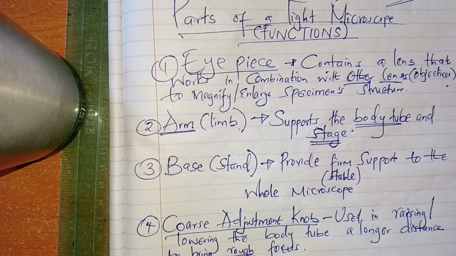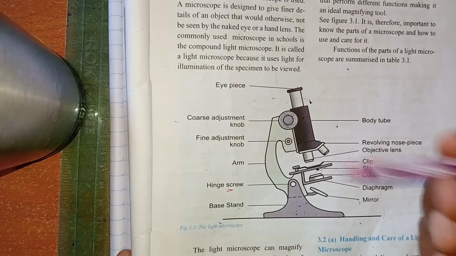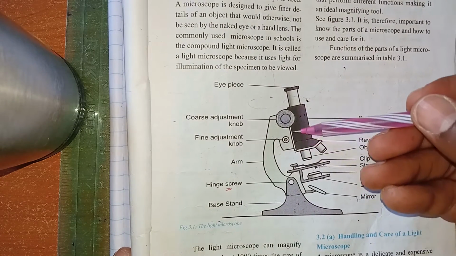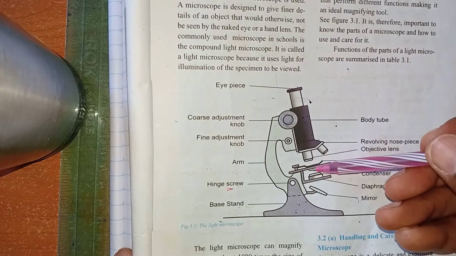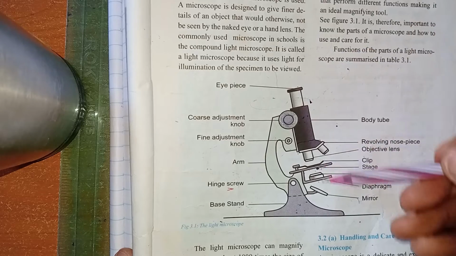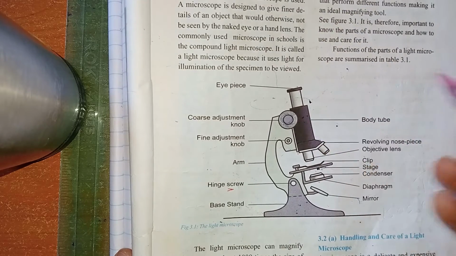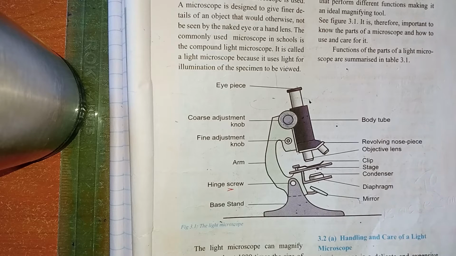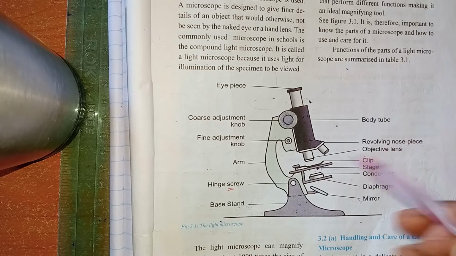So what happens is the body tube is raised. This body tube here, raising it means it goes up like that. Lowering it means it comes closer to the stage. So the work of moving it a longer distance up and down is the work of the coarse adjustment knob. And what happens is it brings what we call rough focus. Not sharp focus, but rough focus.